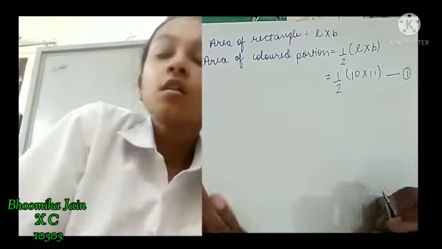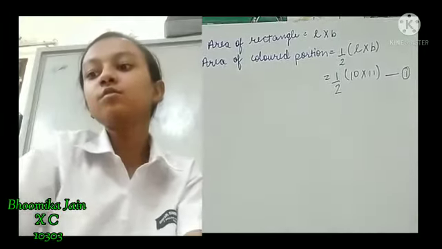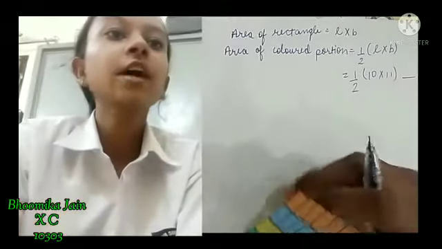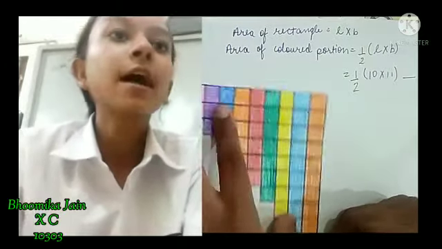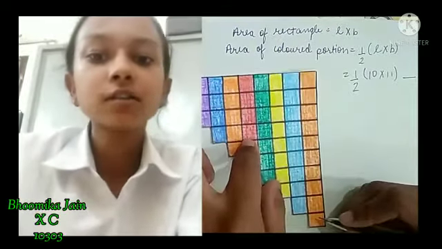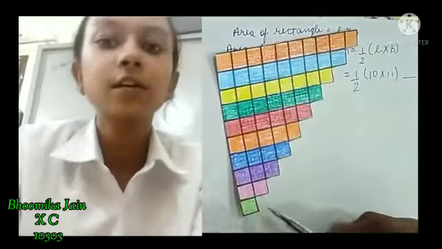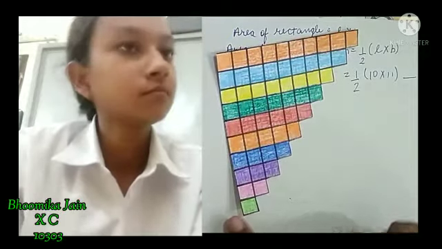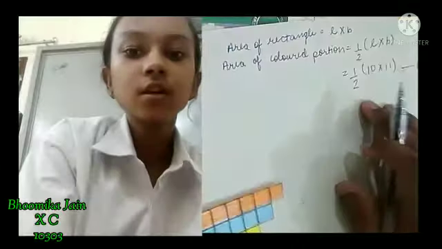Then we find the area from a second method. Which method? We have this colored portion, and we know that the area of one square of 1 centimeter will be 1 into 1. So what we'll do?